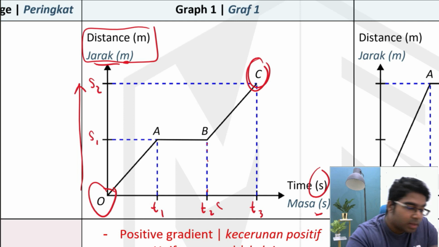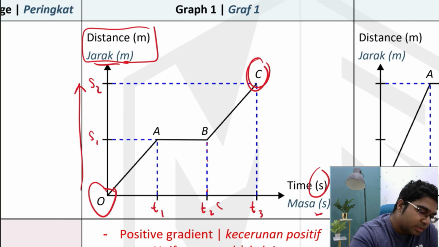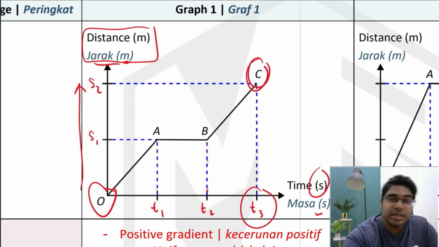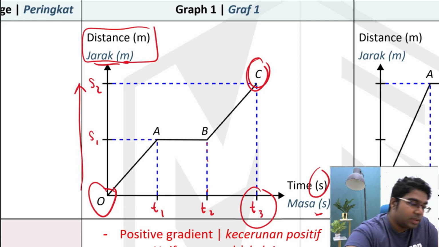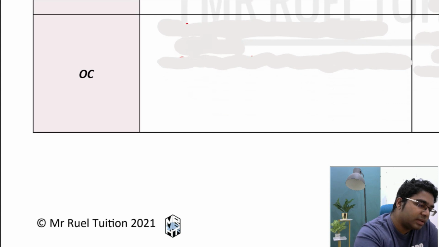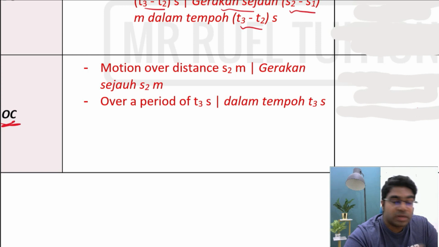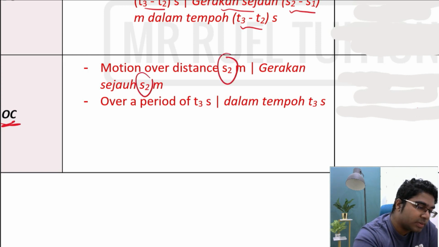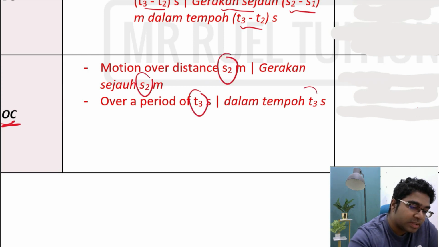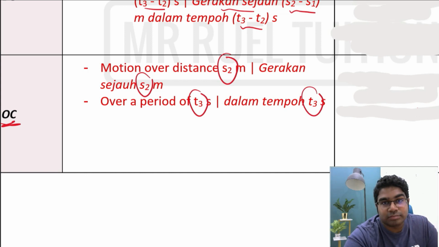Berapa lama dia ambil? Dia ambil masa selama T3 saat. It took T3 seconds to go from O to C. Inilah yang kita tulis dalam tafsiran kita dari O ke C. Move over distance S2, gerakan sejauh S2, tempoh masanya T3 saat.